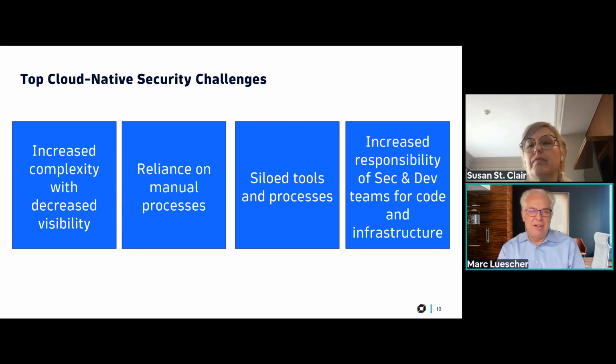It will be very difficult in the case of an event, and we hope you don't get a vulnerability or a breach, to really understand which systems are impacted and what the best mitigation steps will be. But I think Susan will probably cover that in the second block.